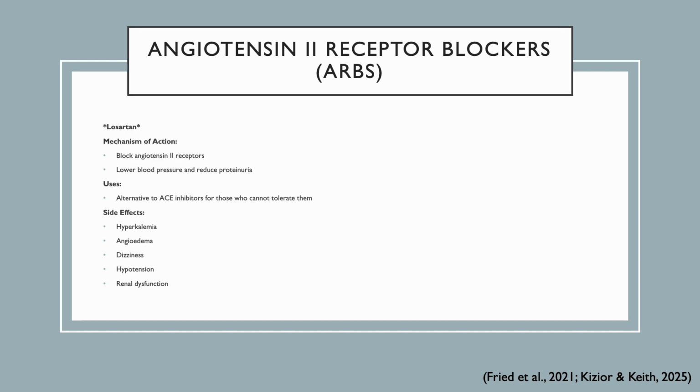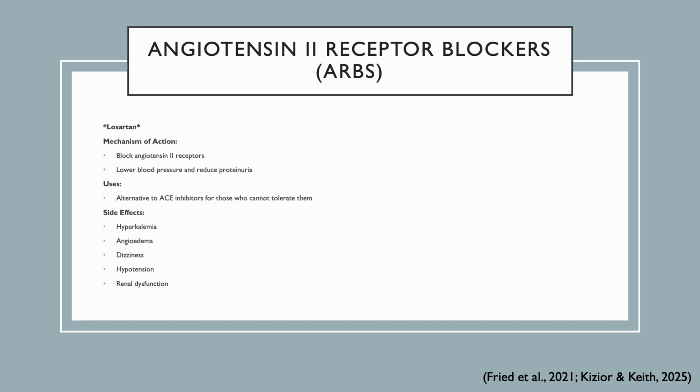Angiotensin 2 receptor blockers are also another drug that can help CKD. ARBs such as losartan work similarly to ACE inhibitors by blocking the receptors that angiotensin 2 binds to. This prevents the effects of angiotensin 2, which helps lower blood pressure and reduces protein in the urine, a key feature of CKD. ARBs like losartan are often used as an alternative to ACE inhibitors for patients who cannot tolerate the side effects, particularly the dry cough.